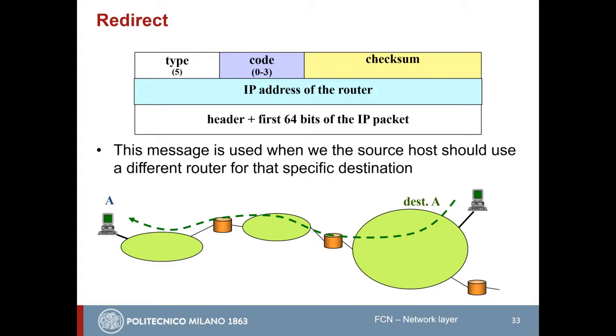Okay? So by this redirect message, basically this router is able to configure a new entry in the routing table of the host. And this is a possible way to automatically configure routing tables inside hosts. Okay.